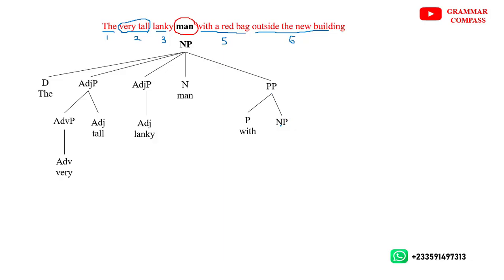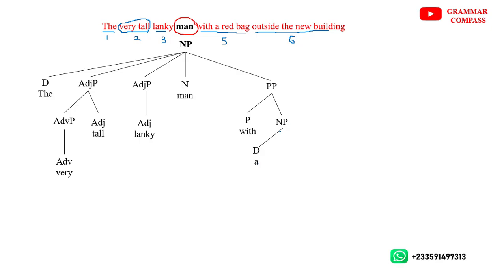But this noun phrase consists of other smaller constituents. When we take a red bag, it has an article or a determiner a, then an adjective phrase red, and then the noun head which is bag. So we will draw our first branch, then write the determiner a.